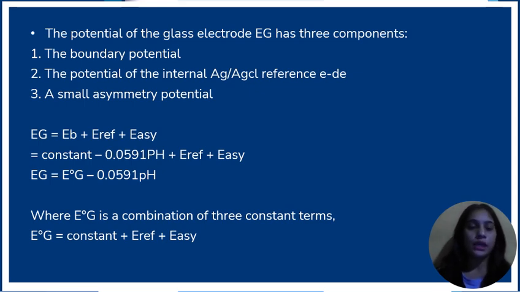This can be written as a constant minus 0.0591 pH plus the potential of the reference electrode plus the potential of the asymmetry. So EG equals E naught G minus 0.0591 pH, where E naught G is a combination of three constant terms: a constant plus the potential of the reference electrode plus the potential of the small asymmetry.